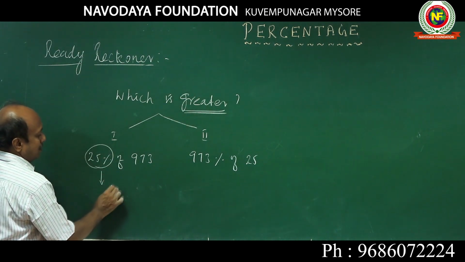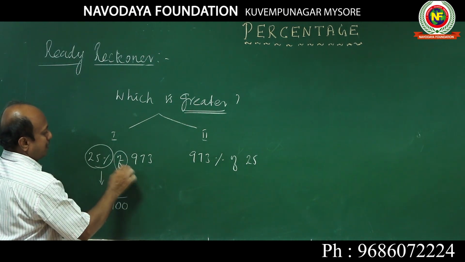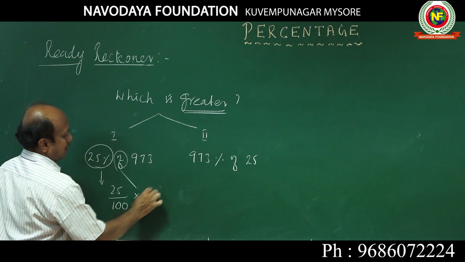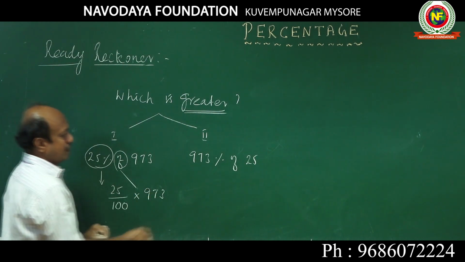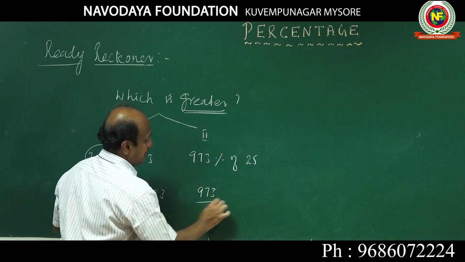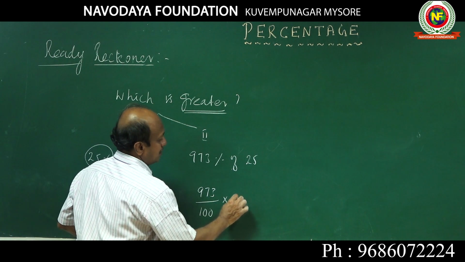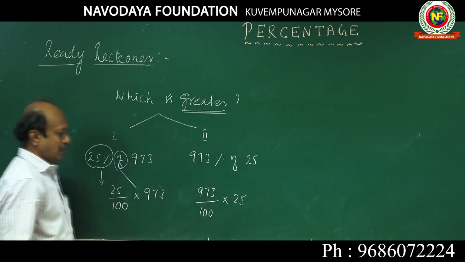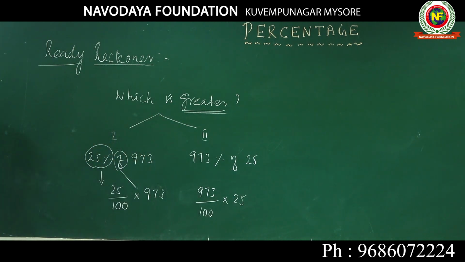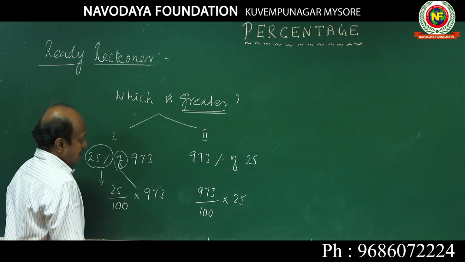25%, how will you write? 25 by 100. Of means it is nothing but product, 973. Here 973 percentage is nothing but 973 by 100 into 25, product is 25. Now tell me, are both equal, or is one greater than the other or less than the other?